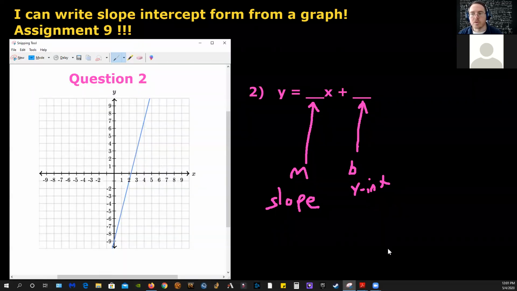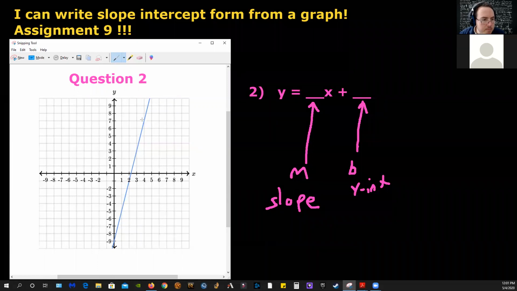All right, so there's question 2. And I will go ahead and put some dots on there for those of you having problems seeing them.